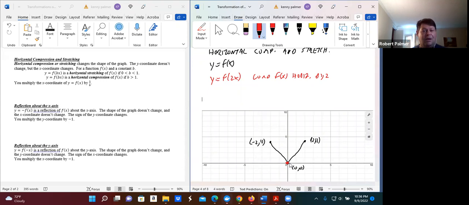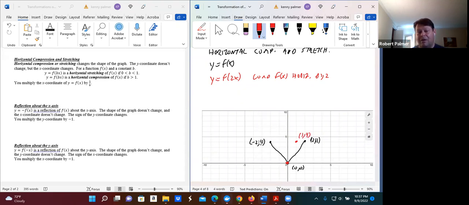Now, what about 2, 4? This says we multiply the x-coordinate by 1 over b, or 1 over 2. So essentially it's going to be 1/2 times 2, which is 1. The y-coordinate will still be at 4. So this is now at 1, 4.